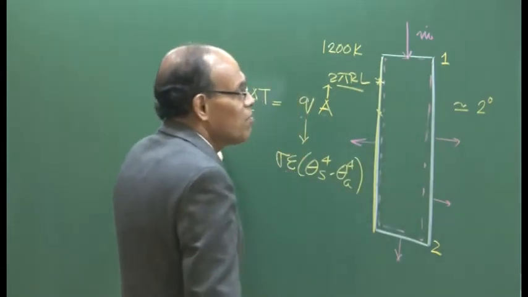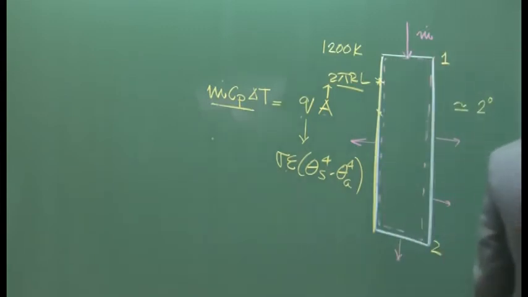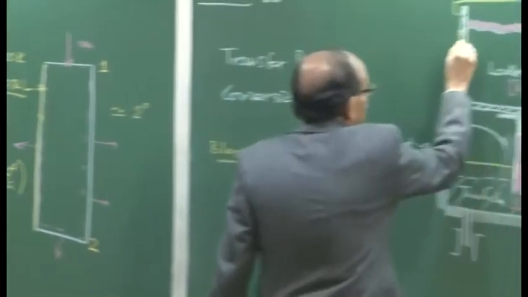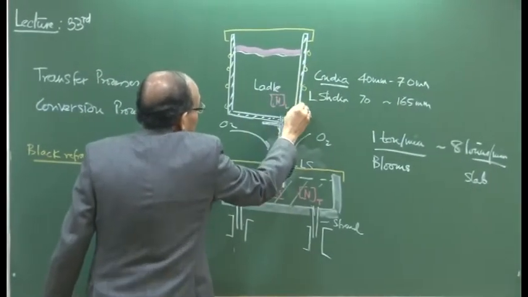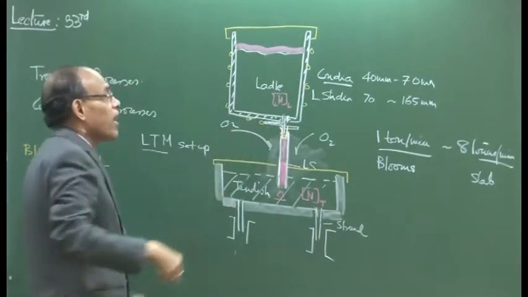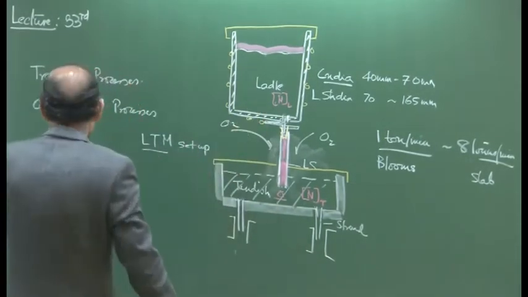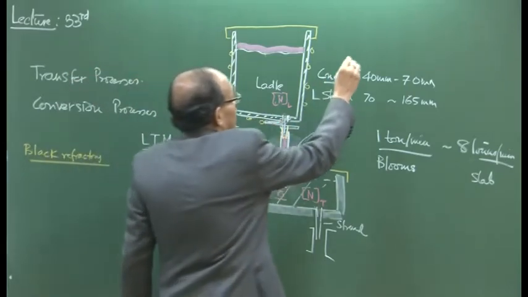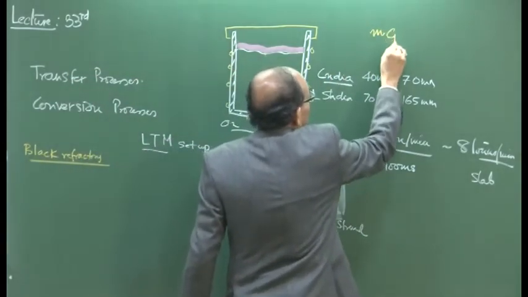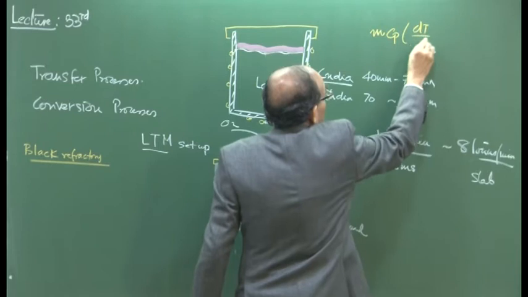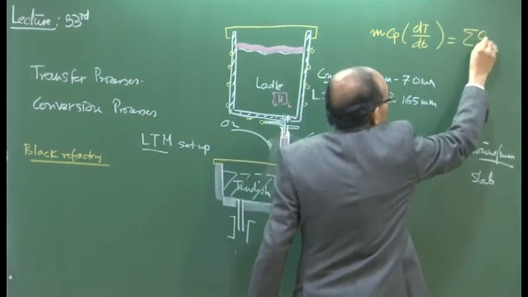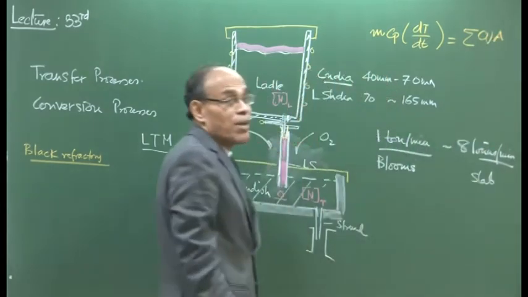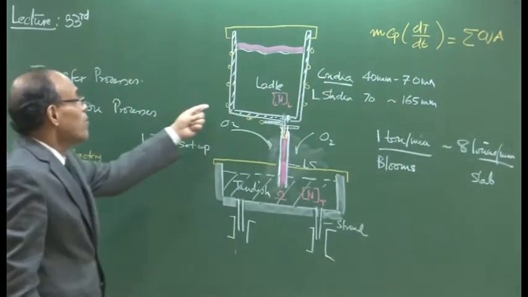A similar approach can be taken in order to find out what the heat loss is during the holding period. For example, if you know the ladle surface temperature, okay? So, if you know the surface temperature, you can calculate the radiation heat fluxes, and then you can use a lumped parameter approach like this, and you can write mCp times the rate of temperature drop of molten steel, and that is equal to summation of Q into A. I have written summation of Q into A because there are different surfaces.